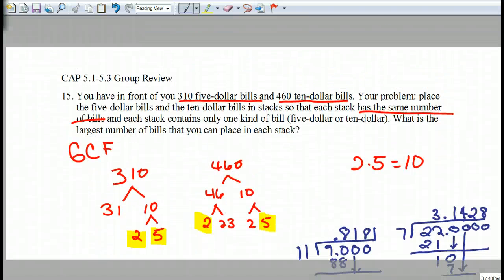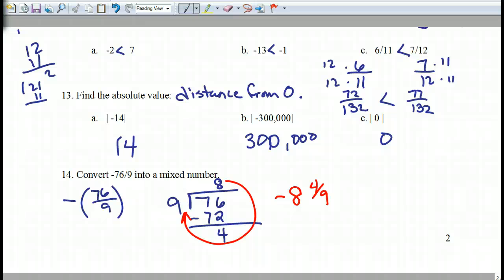Oops, sorry about that. Go back. Converting this number into a mixed number, first of all, I recommend that you take the negative outside and put parentheses inside. Find out what the mixed number is first and then reapply the negative. So 76 divided by 9, if you do long division here, 8 goes into it, 8 times 9 is 72.